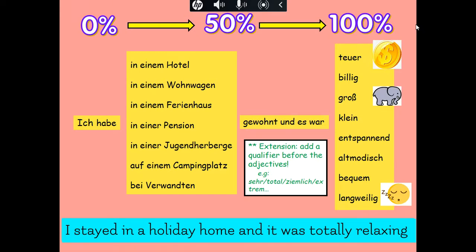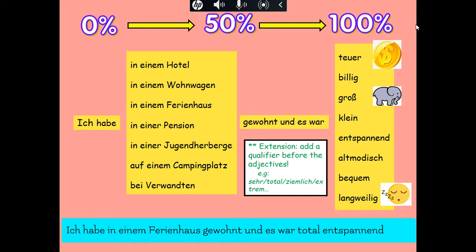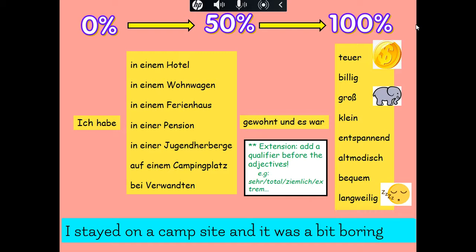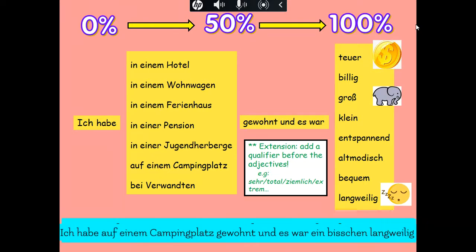And the correct translation is, ich habe in einem Ferienhaus gewohnt und es war total entspannend. And your next one, I stayed on a campsite and it was a bit boring. And the translation is, ich habe auf einem Campingplatz gewohnt und es war ein bisschen langweilig.